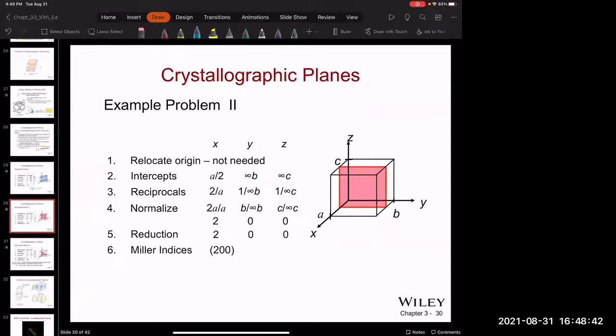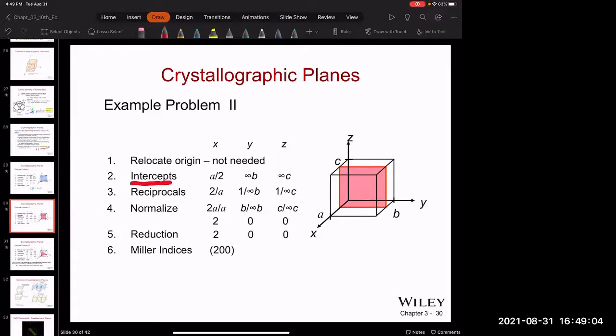Let's look at the second example over here. You can see the red color plane. The first thing you don't need to do because it doesn't go across the origin. It's at the front of the origin, right? Then you find an interception. You look at the x.